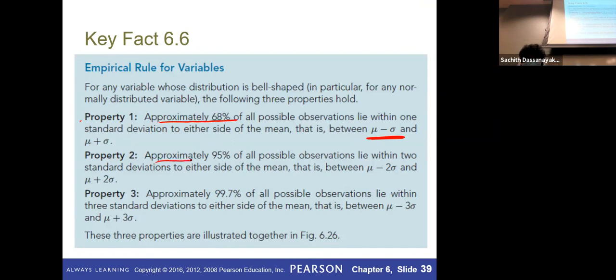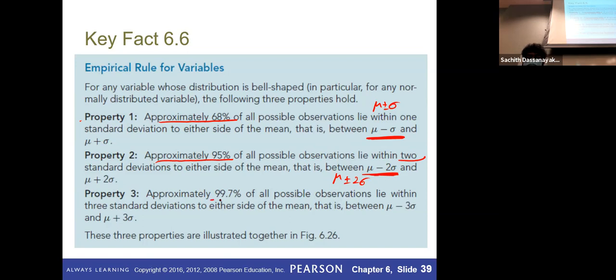Next, approximately 95% of observations lie within 2 standard deviations. This one is mu plus or minus sigma, and both together, this is mu plus or minus 2 sigma.